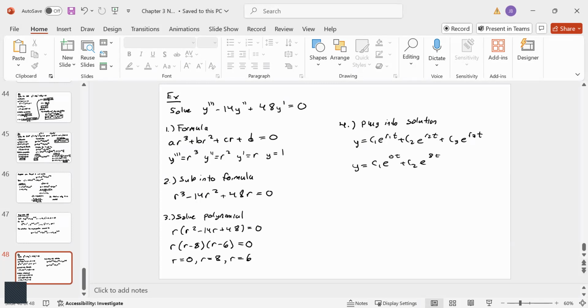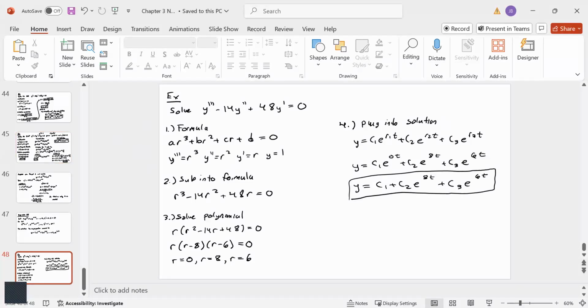It just means we have a constant solution. The order does not matter. You could get it in any order that you want. And that's the answer. So that's how we find the solution to a third order polynomial.